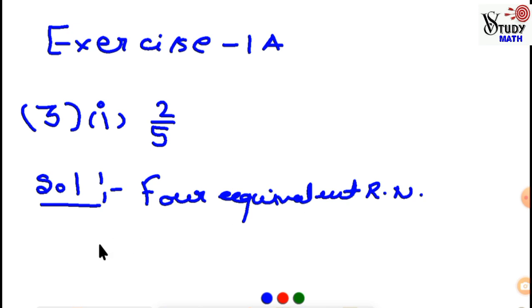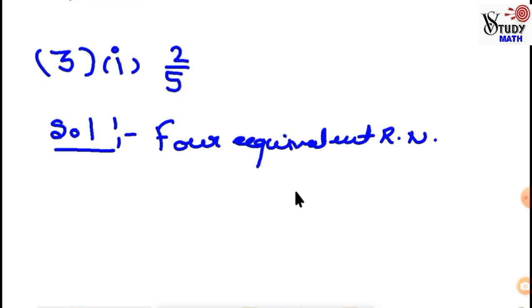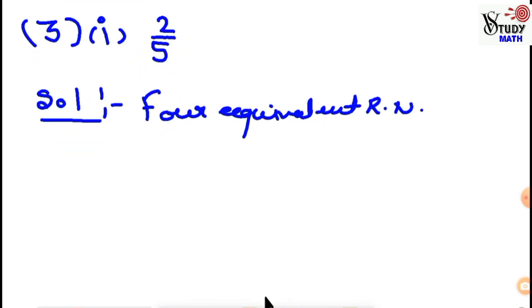So how can we find the four equivalent rational numbers of this? For that we write 2 by 5 four times like this.